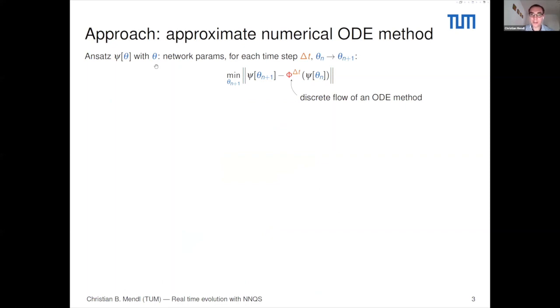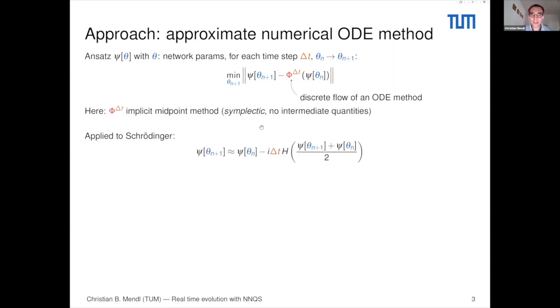What we want to minimize is basically this expression: the wave function at the next time step should represent the flow of an ODE method. This is this phi of delta t, which we apply to the wave function at the current time step.